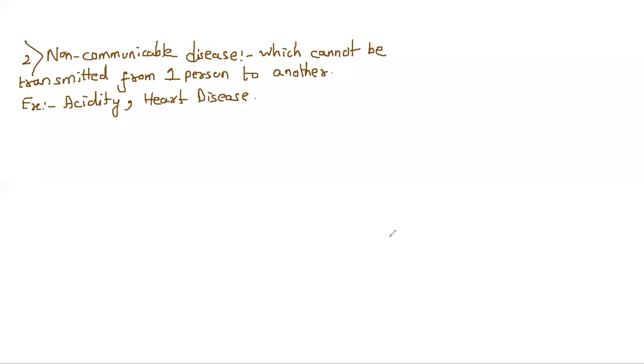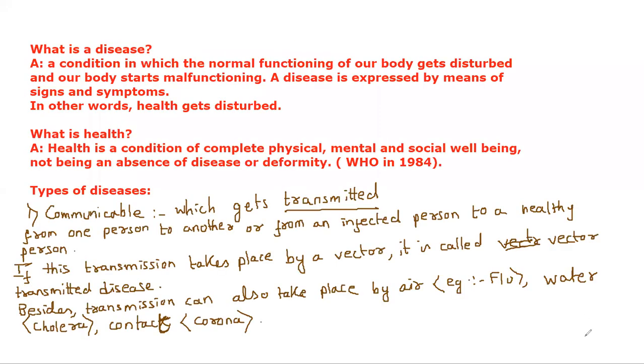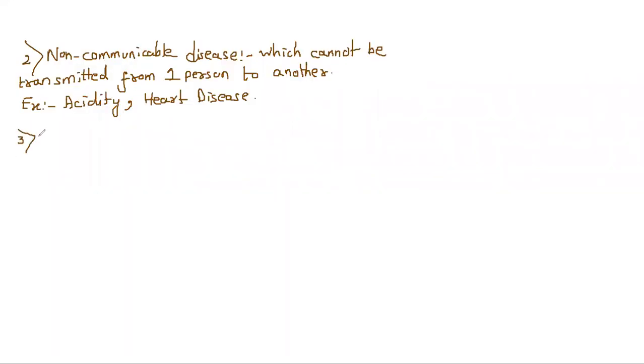Okay, next, because what I gave you, types of diseases: number 1 communicable, number 2 non-communicable. Number 3, bacterial, fungal, protozoal, viral, etc. So what is viral?